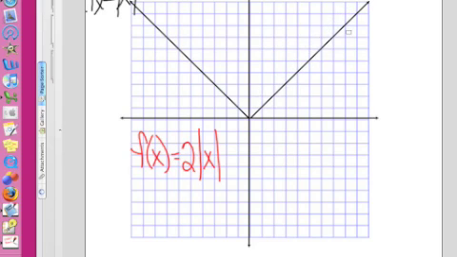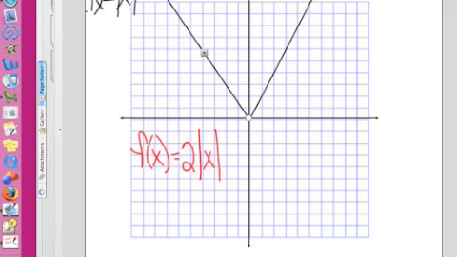let's see how I can do this. I go over 1. As I go up 2, I go over 1.